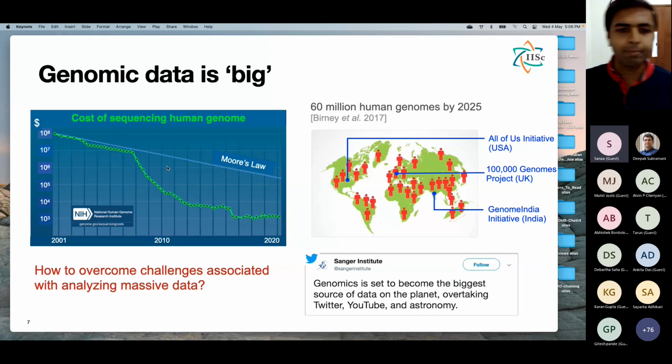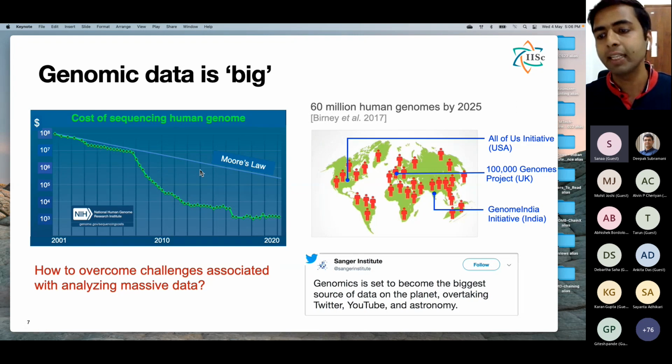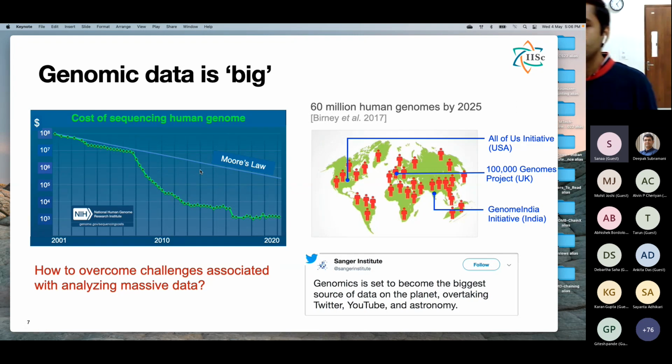So one, as I mentioned already, the genomic data is very big. And that has happened over the last few years because the cost of sequencing has dropped by orders of magnitude. A few years back, there used to be maybe 1 or 2 sequencing centers around the world.